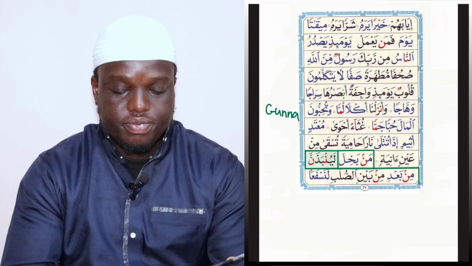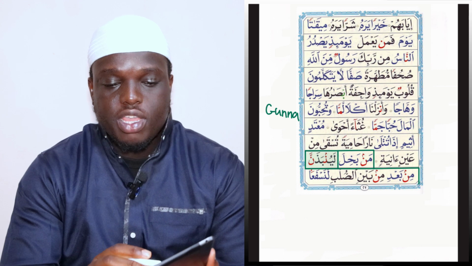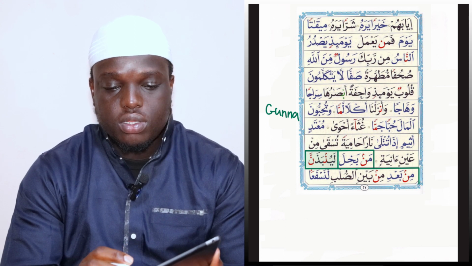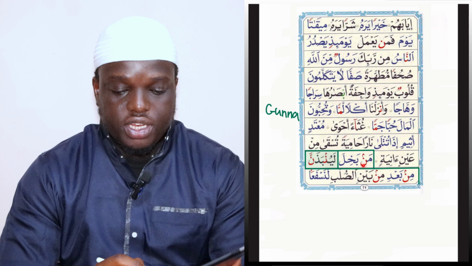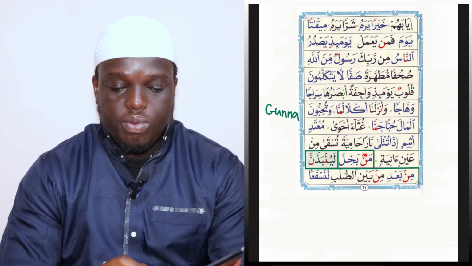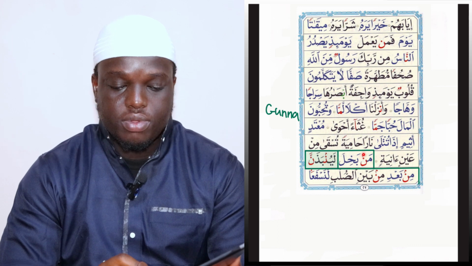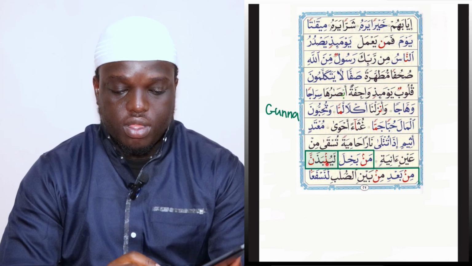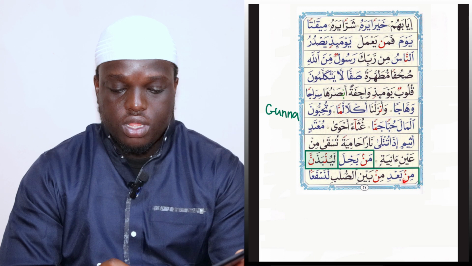And this little meme always shows up whenever there's a noon that we're supposed to apply a ghunna to, and after it is a ba. You will always see this small meme. So as you notice here, noon, ba, noon, ba.